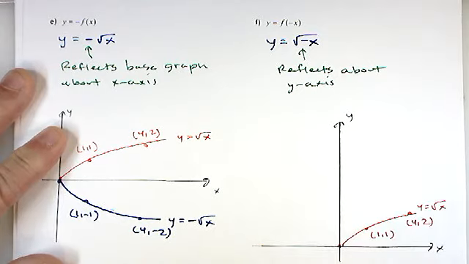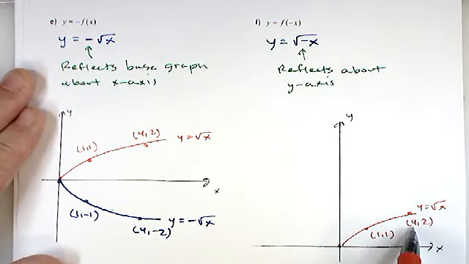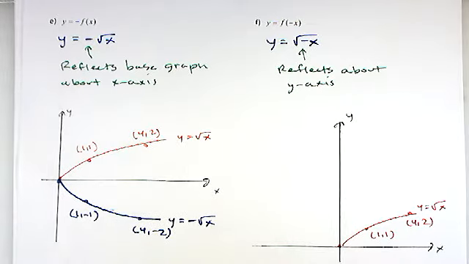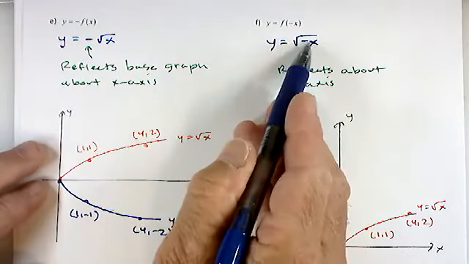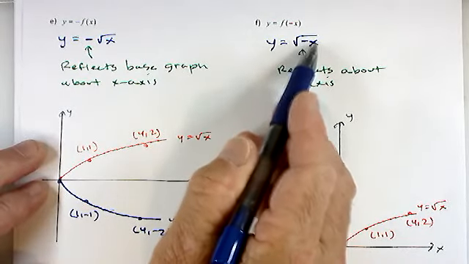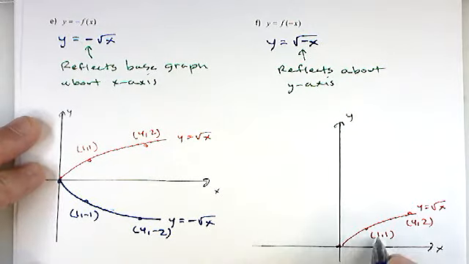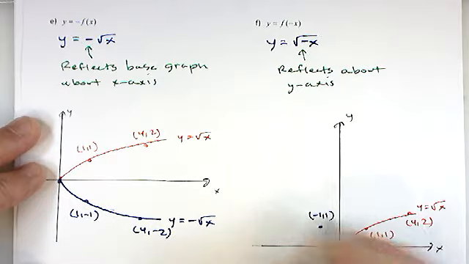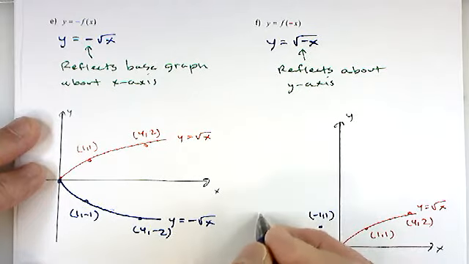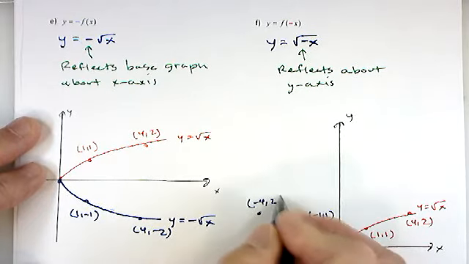Normally for your regular square root function, you're only allowed to plug in positive x values because you can only take the square root of positive numbers. But on this graph, in order for this to be positive, you need to plug in negative x values because they're going to get multiplied by a negative. So instead of passing through 1, 1, it's going to pass through negative 1, 1. 4, 2 is going to get reflected to negative 4, 2.